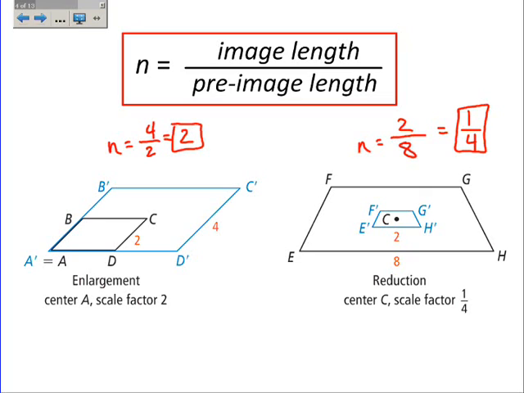I'll also point out that the first example is an enlargement, it's getting larger. And the second one is called a reduction, it's getting smaller. That corresponds with the scale factor. If the scale factor is larger than 1, it'll be an enlargement. If the scale factor is between 0 and 1, it'll be a reduction.